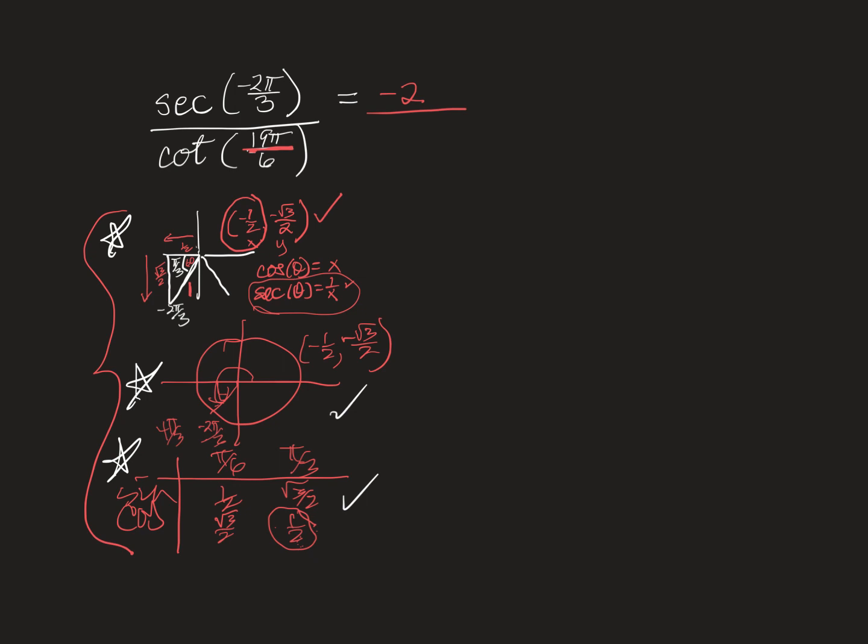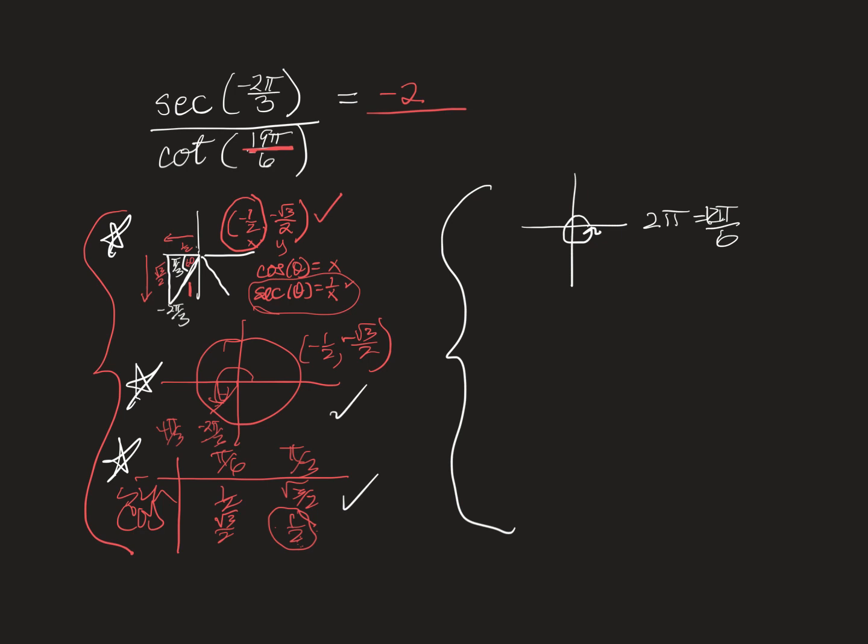So then you come to 19 pi over 6. Okay? So 19 pi over 6, I want to know what quadrant it's in, right? So I know 2 pi is equal to 12 pi over 6. So if I go around the circle one time, that's 12 pi over 6.